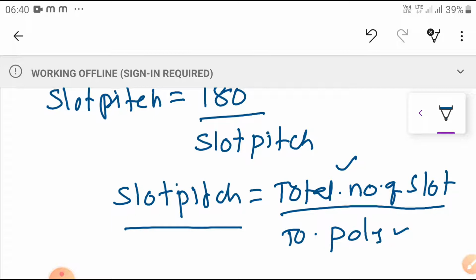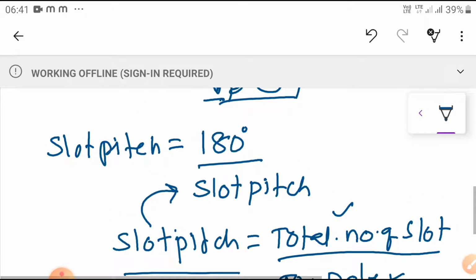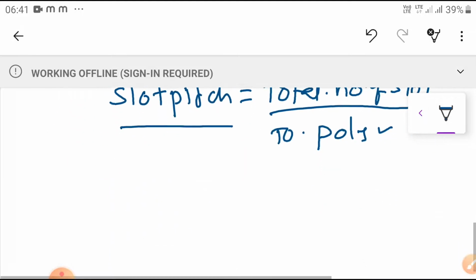If the slot pitch is known, we substitute it here and get the slot pitch angle. So I can easily calculate the slot pitch angle. It will give us some idea. So we discussed all these things.